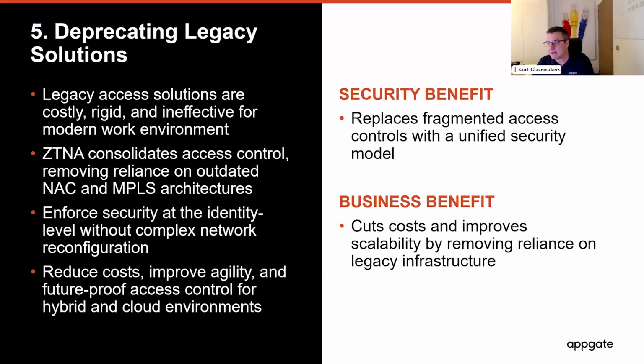Just to name a few of them, a very large enterprise with 130,000 users started to use AppGate. The first thing they did is carve out all of their main data centers around the world and give them a straight access policy using separate sites and gateways in AppGate. This means the user doesn't connect to a single entry point in the network, in the office or outside the office, and then move laterally over their MPLS architecture.